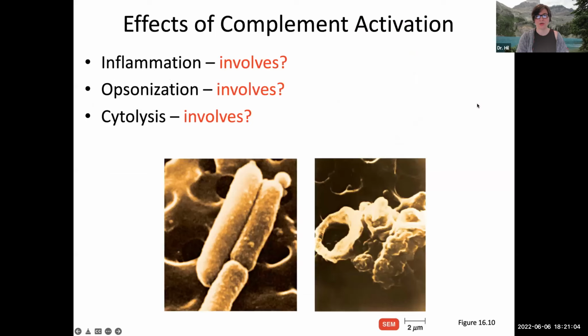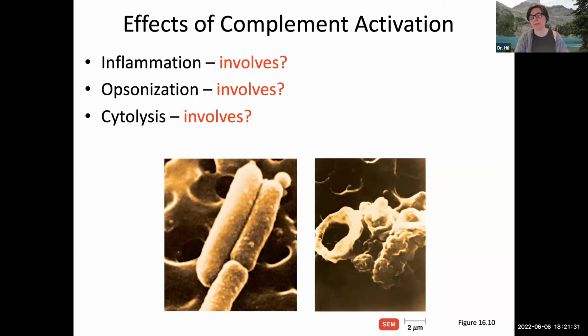We want to take a quick, more detailed look at the effects of complement activation. When we talk about inflammation, what are the C proteins directly involved in inflammation? We talked about this when we talked about the central cascade.